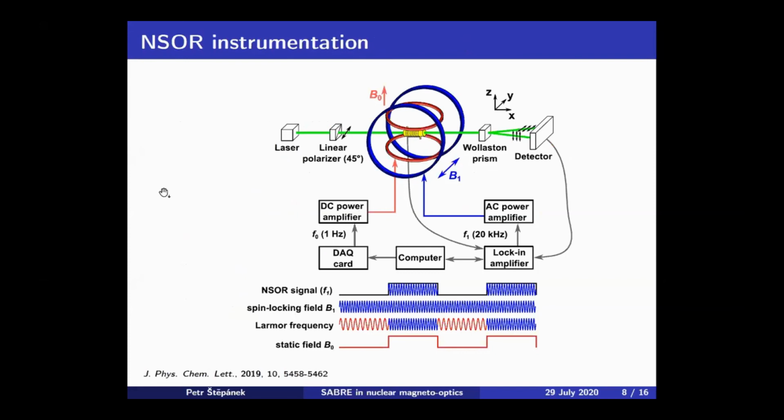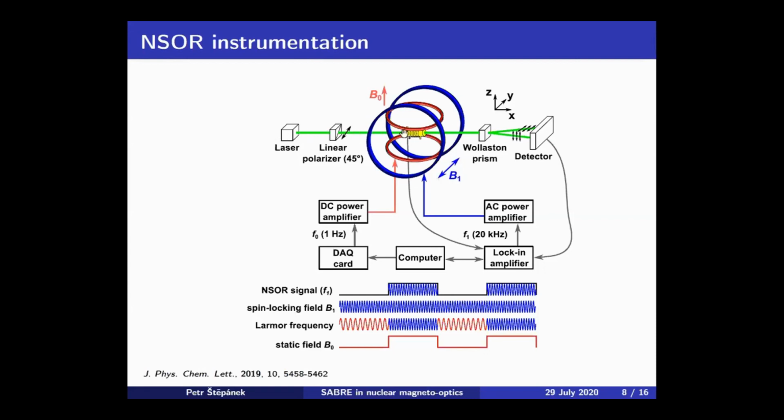So just shortly over the instrumentation, this is the sketch of a low field experiment that we can use to measure NSOR. So here we have a sample that sits inside 2 coils that produce magnetic fields orthogonal to the incoming light beam. One generates static magnetic field, and one generates the magnetic field that we use to spin lock the magnetization.